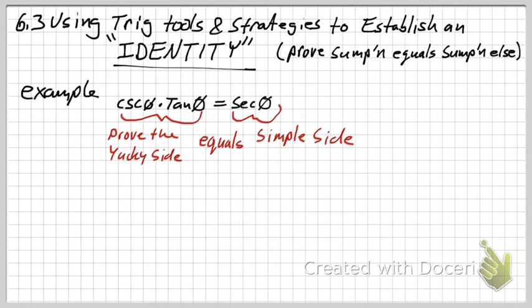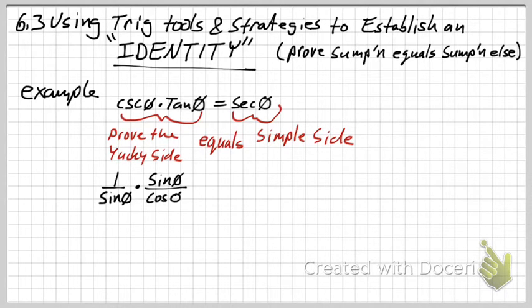That's usually much harder. We're a lot better at simplifying things than we are expanding things. So that's typical strategy. I start with the complicated side. Now, every now and then you see two sides and they're equally complicated, so it doesn't matter. But this side is clearly more yucky.